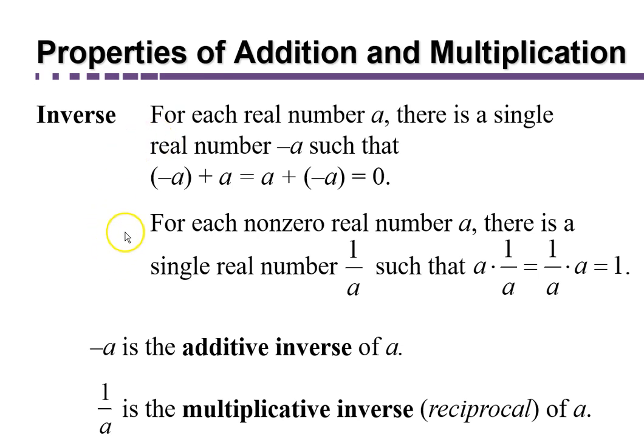Now, for each nonzero number, there is a real number A, such that when you take, and I'll write this out for you here also, the number A. Now remember, every number is written over 1.